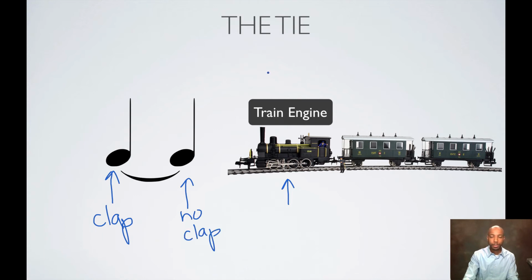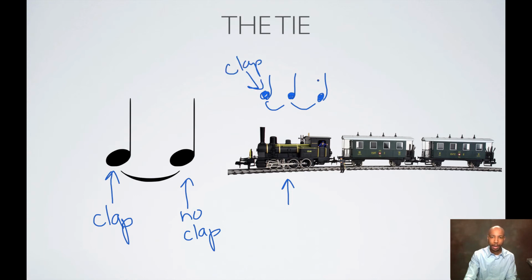Let's say we had more than one note tied together. For example, we have a chord note and another chord note and another chord note, and they're all tied together. Only this one would get a clap, and these two would get no clap. Now you might be asking, what's the point of a tie? We clap this, we don't clap this. Well, it allows us to have much more syncopated rhythms, and rhythms that would be a little messier to write if we didn't use a tie.